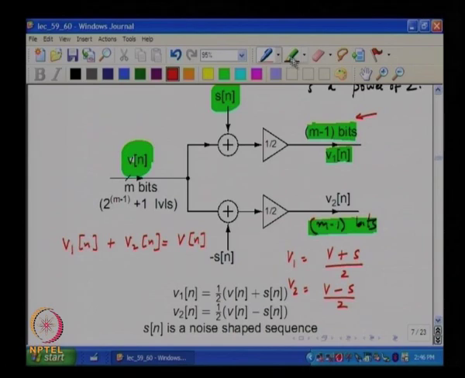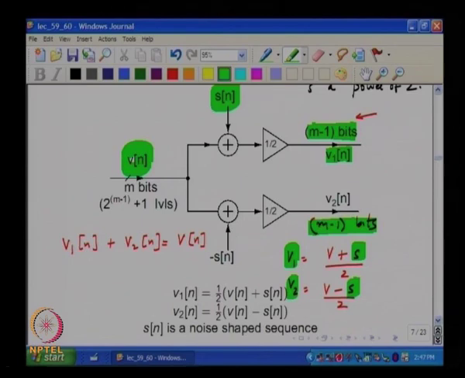We need to find therefore some sequence S such that these resulting sequences are one bit smaller.